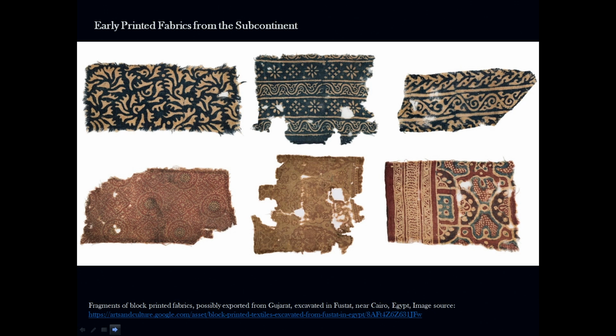And then in the lower right we have this one piece of fabric, and this is perhaps very different from the other ones that we have on screen, because this is most probably not block printed, but hand painted.